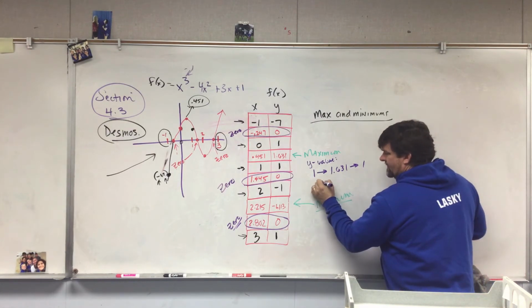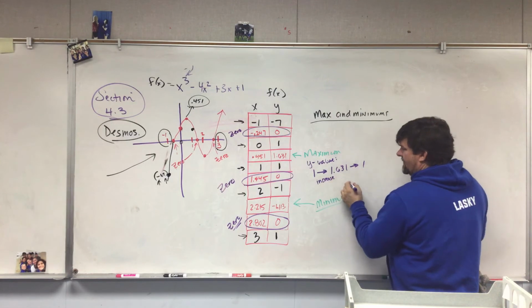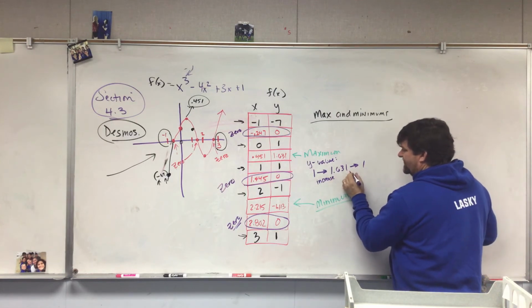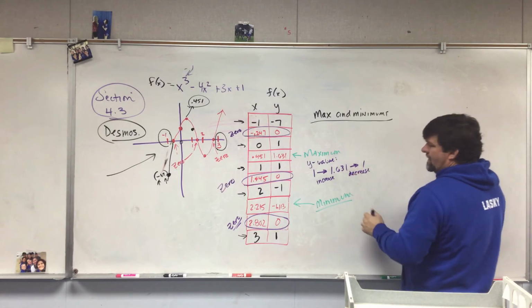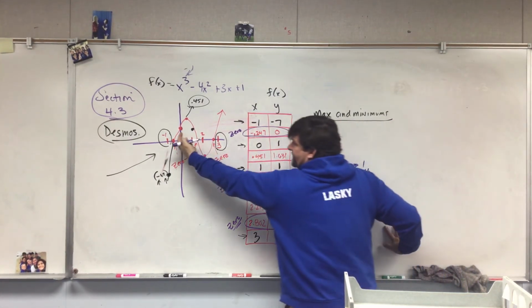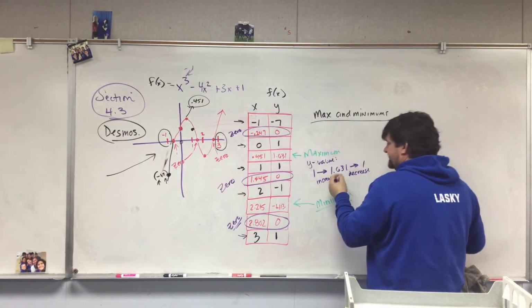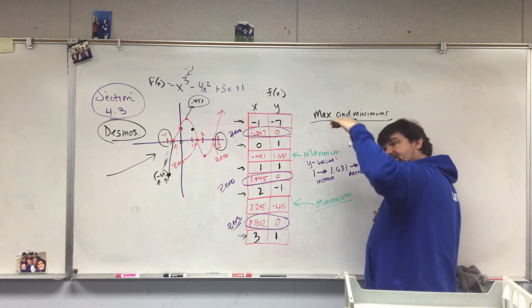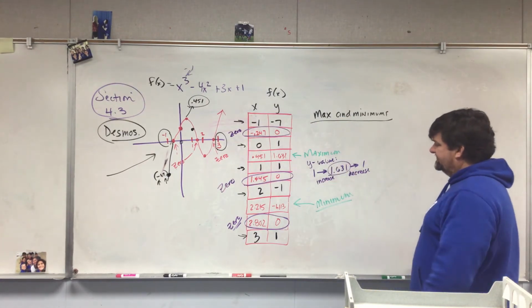From here to here, my y value is increasing. From here to here, my y value is decreasing. So my y value is increasing, now it's decreasing, so that means somewhere in there it's got to turn and come back down. That means my maximum is at 1.63.